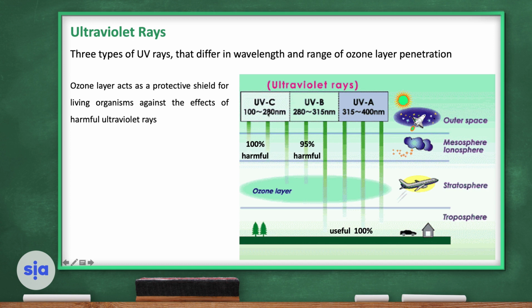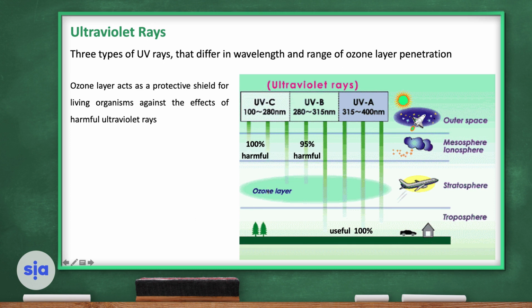Ultraviolet C, with wavelength 100 to 280 nanometer, they are harmful rays, and 100% of these rays do not penetrate the ozone layer. So these rays, the ultraviolet C, do not reach the earth.